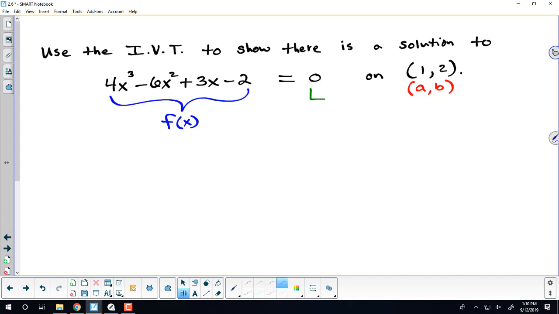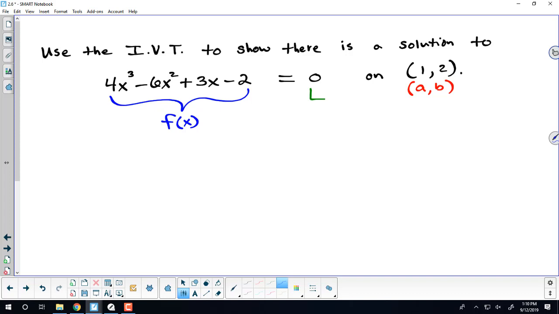So the first thing we really need to address and state somehow, I don't expect you to recall specific formulas or theorems or definitions or anything like that, but if we're going to continue with this theorem, we do need to justify that this function is continuous on the given interval. However you justify that, it just needs to be clear.